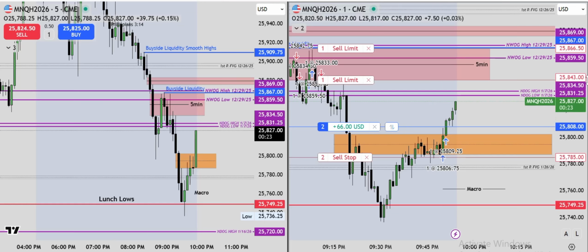Initially on that move downward, it was a strong bearish reaction. So I want to see price act as if that never happened. I want to see it run through it, close above it, not show any signs of slowing down or resistance.